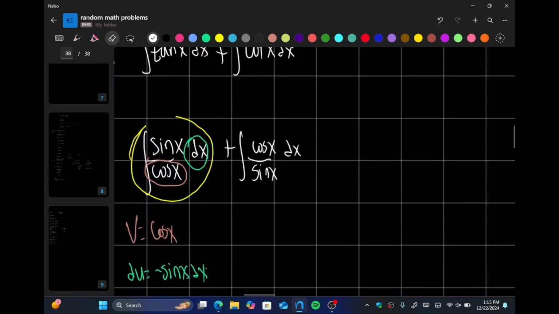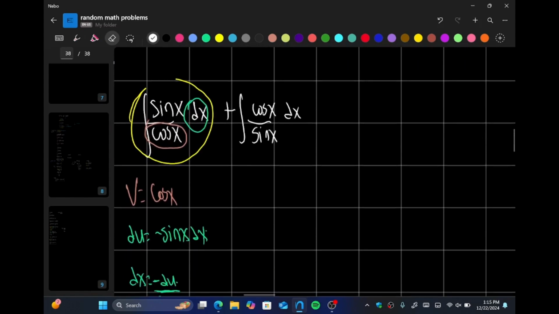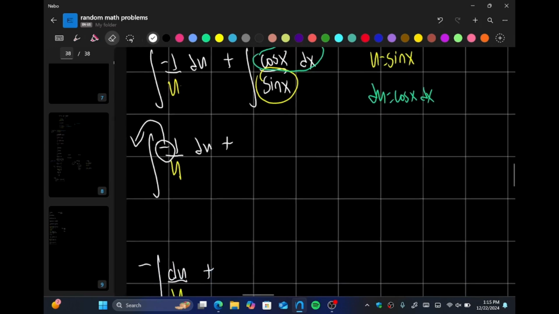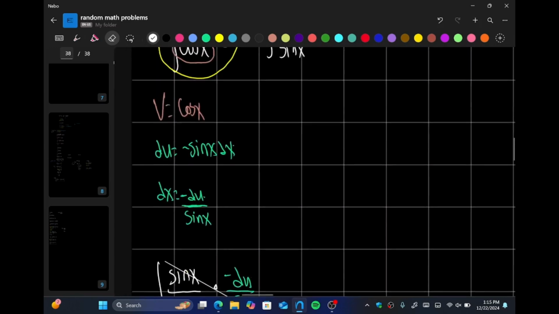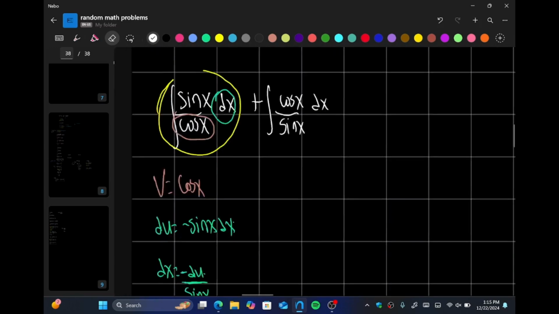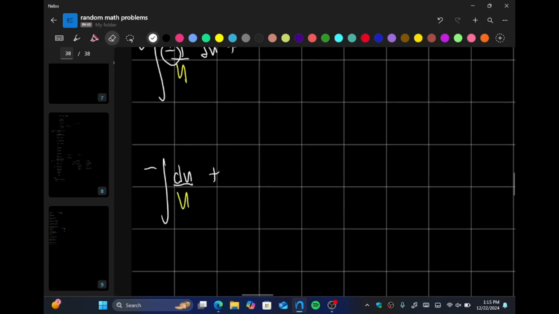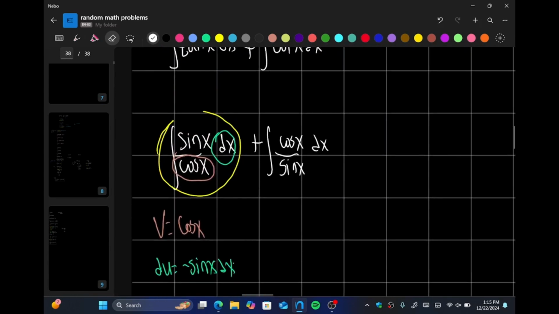Okay, so it's the integral of cosine x over sine x dx. So this first part, this part is u, so u is cosine x, so this part stays the same.